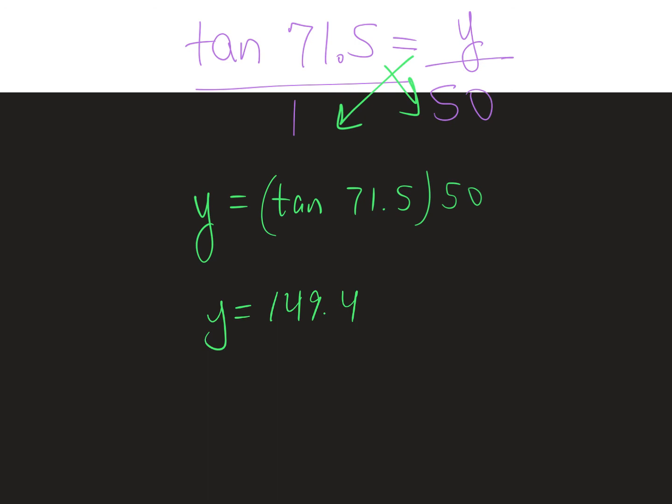Now, last period we did this and somebody was like, I got a negative. Anybody get a negative? Okay. Now, that's a good thing right now as we're starting this. First of all, we're talking about the height of a tree, yeah? Can the height of a tree be negative? So you should be like, oh, wait a second, something's wrong. Make sure your calculator is in degree mode. Go to mode and make sure it's in degrees.